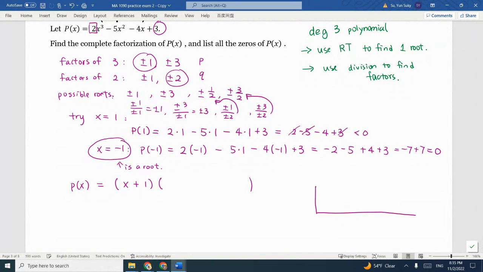So you put the root, negative 1, right here. And then our polynomial, 2x cubed minus 5x squared minus 4x plus 3.